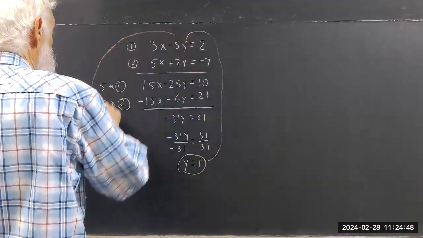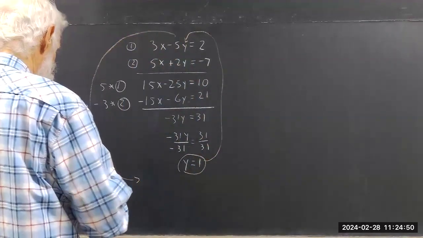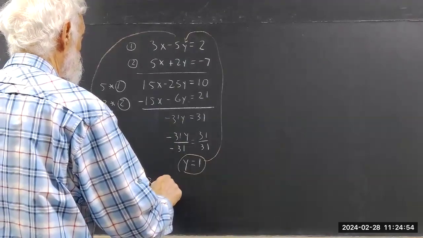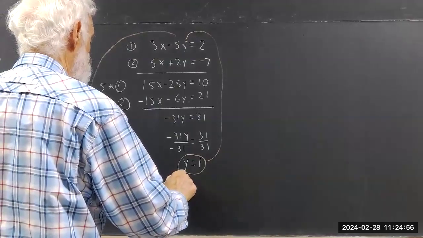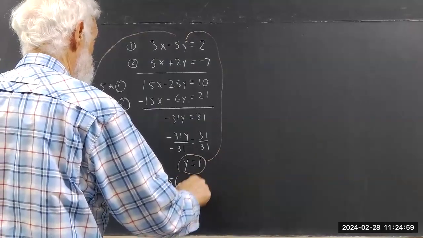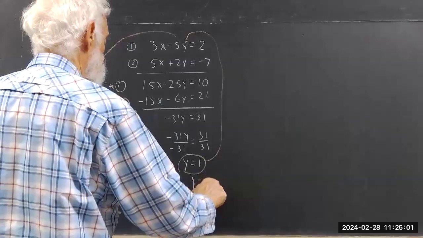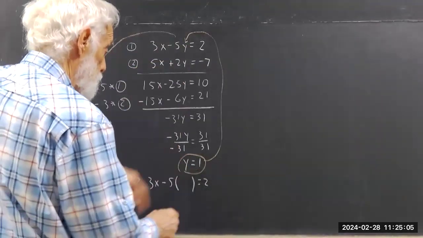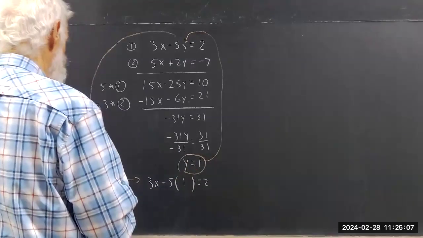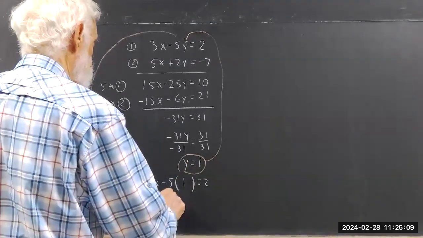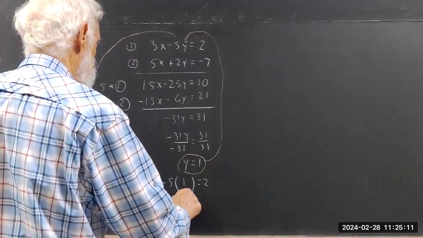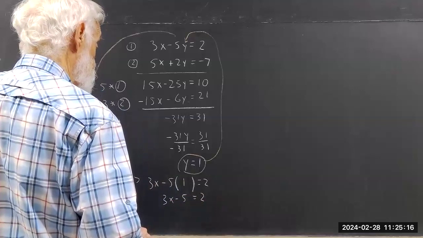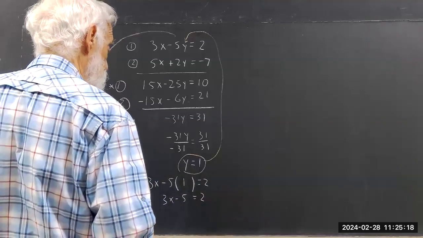So out of that, again, I'm getting the equation 3x minus 5 times y equals 2. And I'm not going to write y, I'm going to write y equals 1. So that gives me 3x minus 5 equals 2.